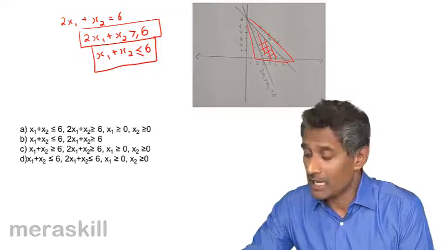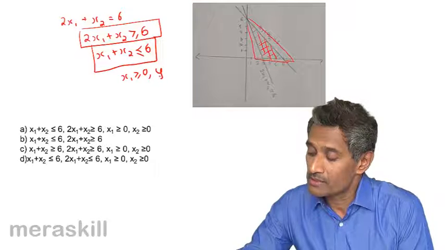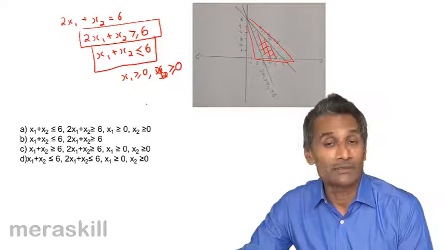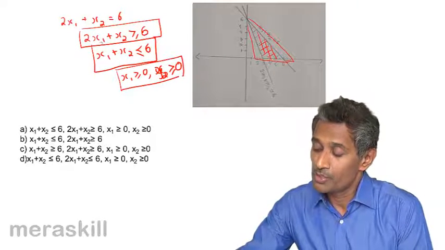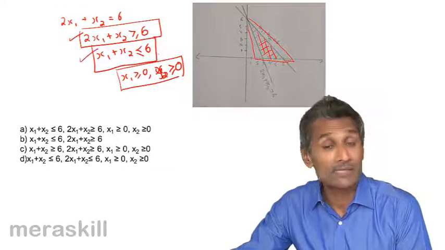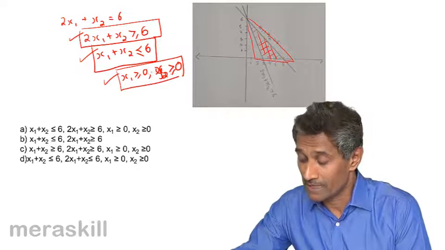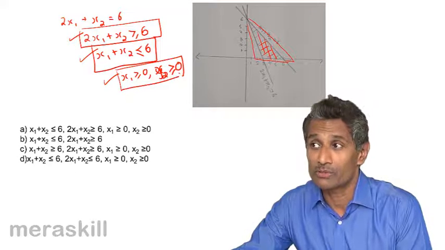Additionally, this region lies in the first quadrant, so x1 and x2 are both greater than or equal to 0. Hence we have a combination of 2x1 plus x2 greater than or equal to 6, x1 plus x2 less than or equal to 6, x1 greater than or equal to 0, while x2 is also greater than or equal to 0.